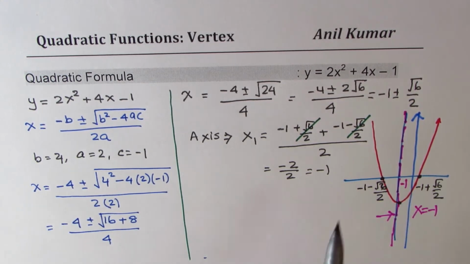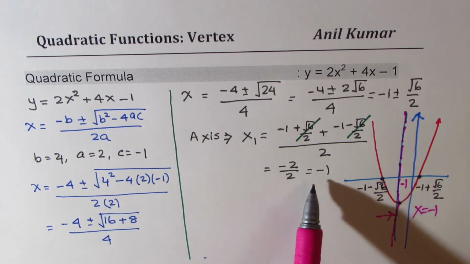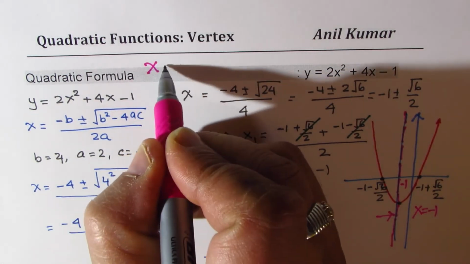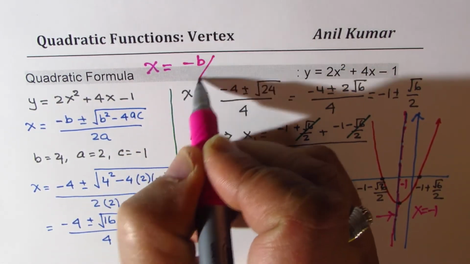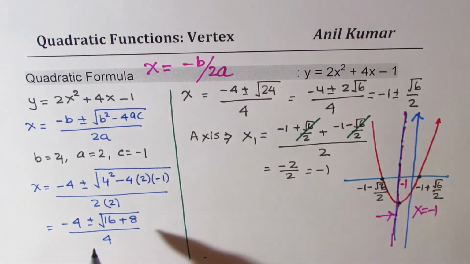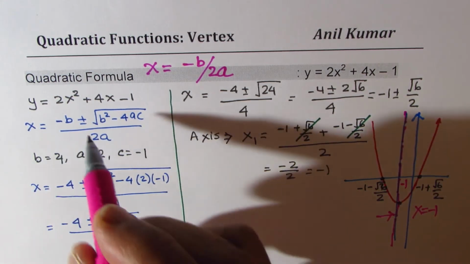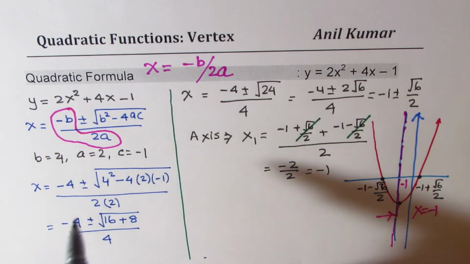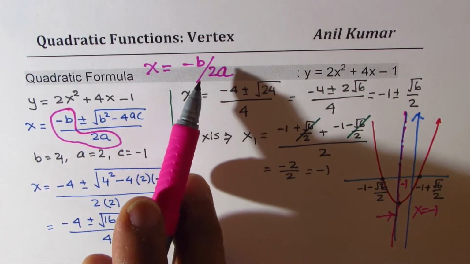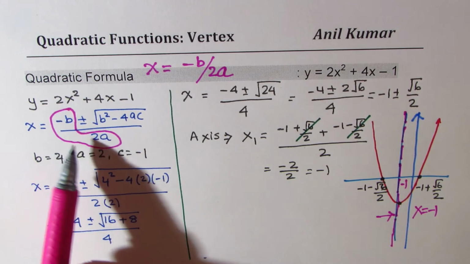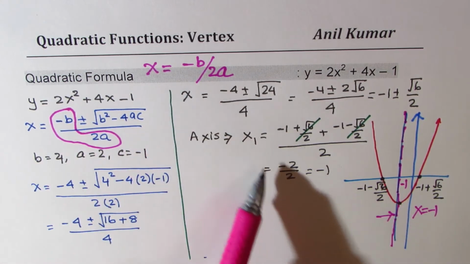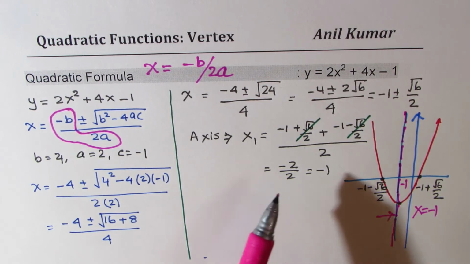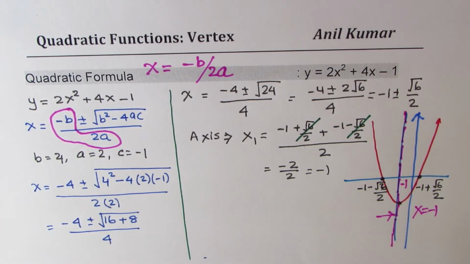You will notice that this value of minus 1 corresponds to x equals minus b by 2a. Perfect. So that gives you the axis, which you can see very clearly from the quadratic formula and our calculations. This is minus b by 2a.